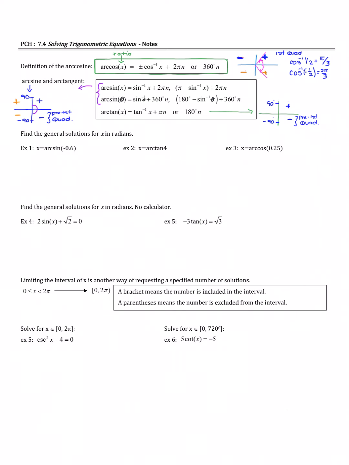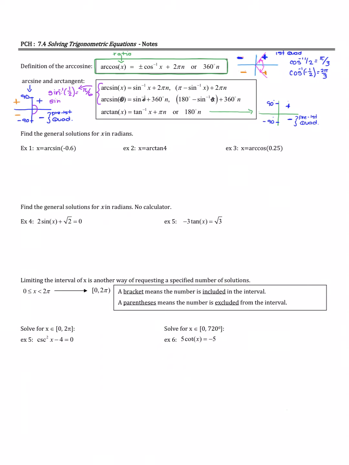For instance, if I had arc sine, I don't want to do the whole arc sine routine. Let me just do an inverse, because that's usually the part you're evaluating. If I have an inverse sine of +1/2, my answer would be 30 degrees or pi/6.